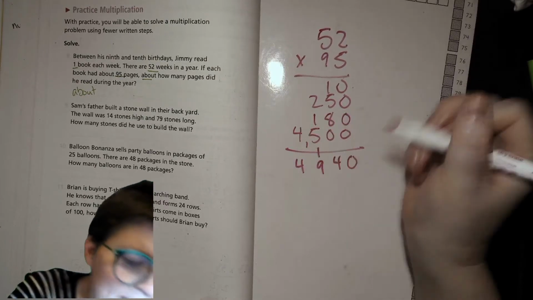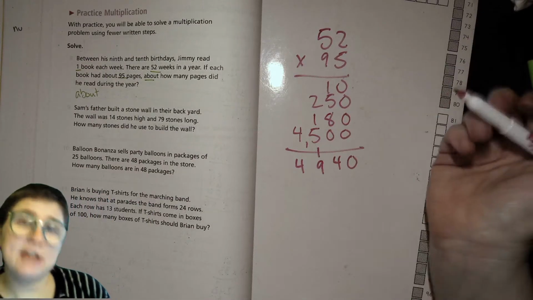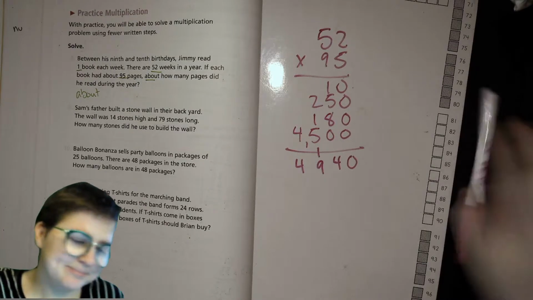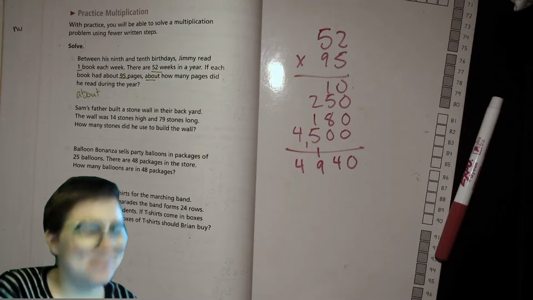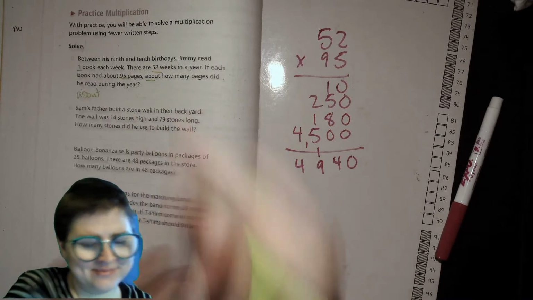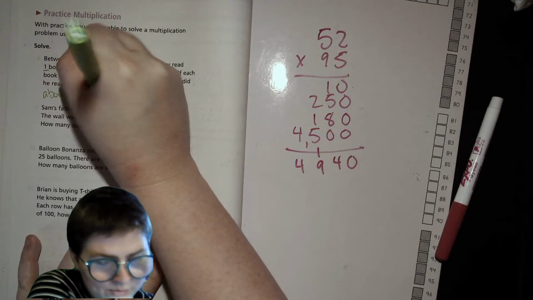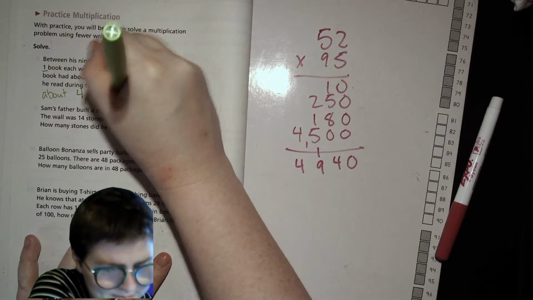So I said it was going to be a little bit under 5,200, and I'm right. Look, it's 4,940. Go me. Go you. Good job. So 4,940 pages.